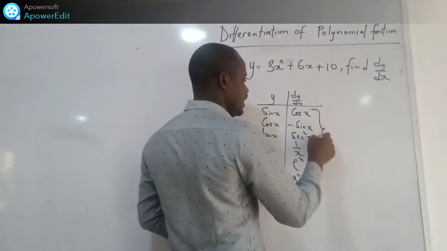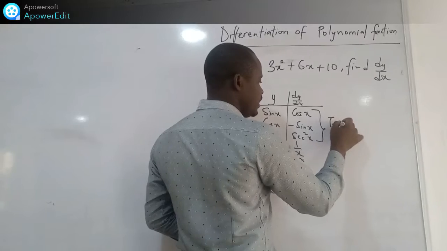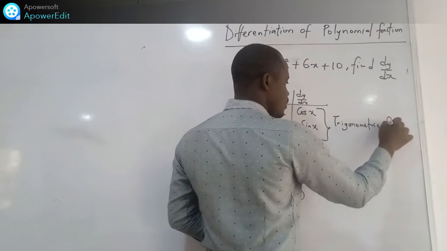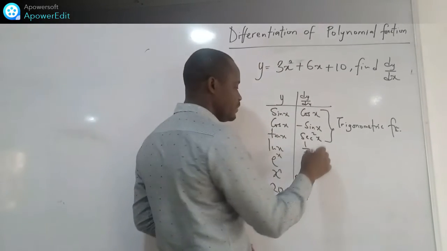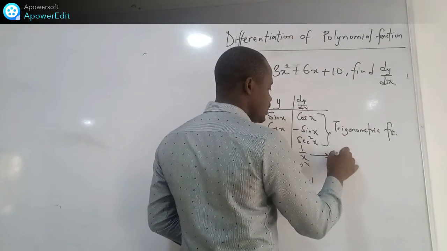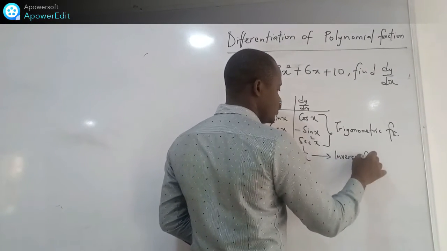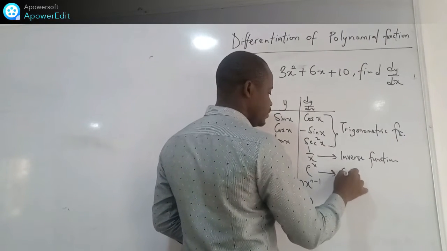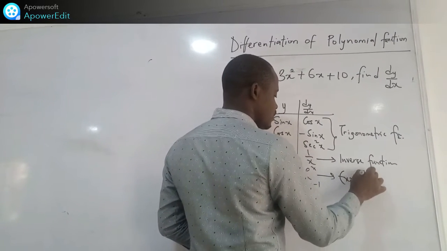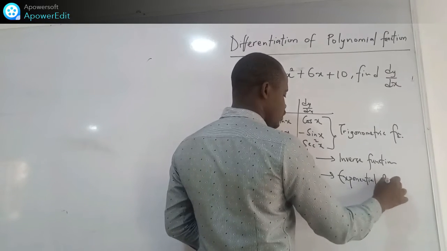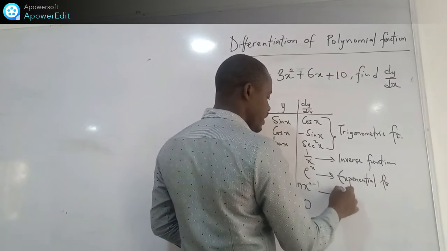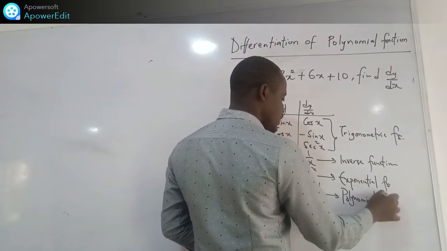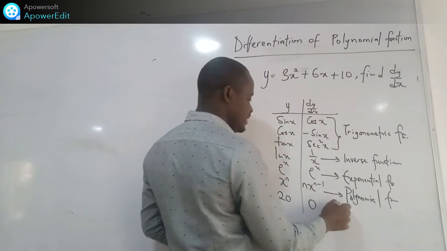From here to this place, they are called trigonometric functions. This function is called inverse function. This function is called exponential function. This function is called polynomial function, and this is a constant.